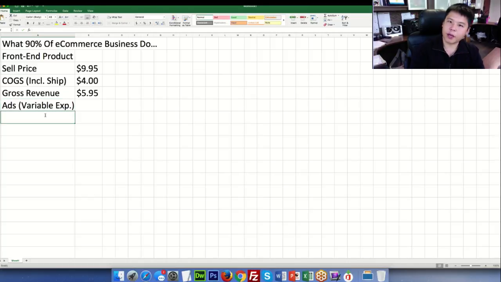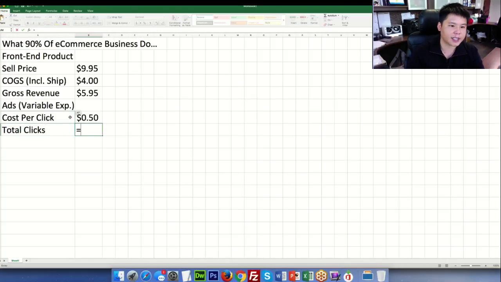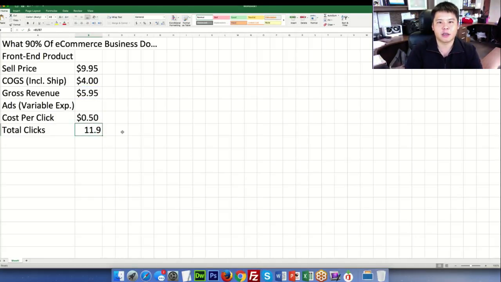All right, now when it comes to here, let's say that you are generating clicks, your cost per click is going to be 50 cents, okay? That means that if you want to break even, you would actually need 12 clicks, okay?